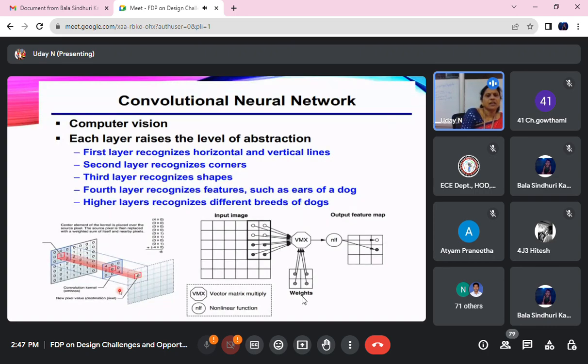Then the fourth layer identifies a certain region of interest, let us say the ears of the dog. Then the top layers recognize whether it belongs to a Pomeranian or a German Shepherd. The breed of the dog is recognized by the higher levels of the convolution neural network.